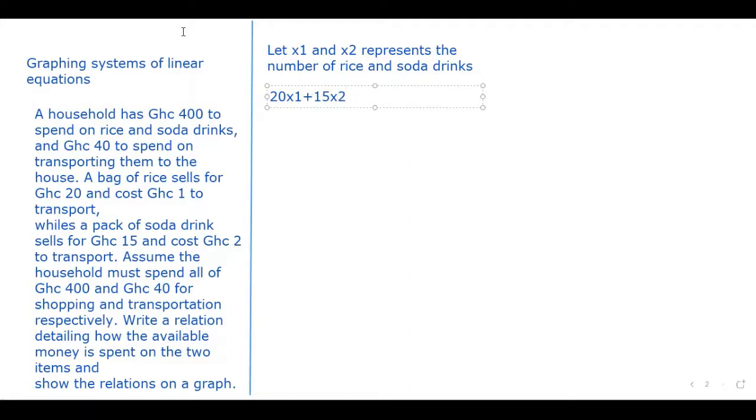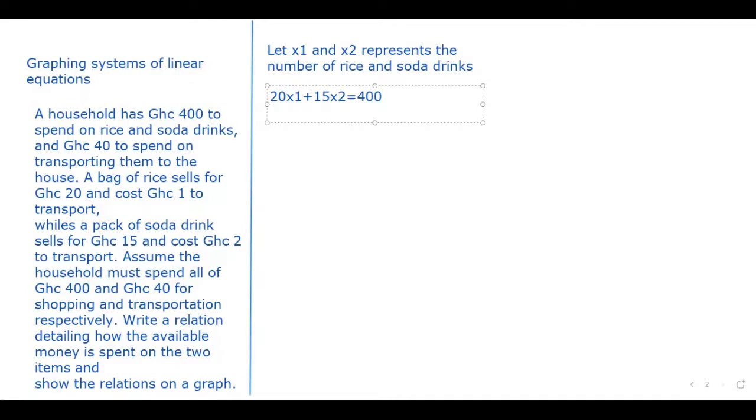This one is a linear equation, so you equate it equal to 400 Ghana cedis. We are dealing with the amount to spend first.